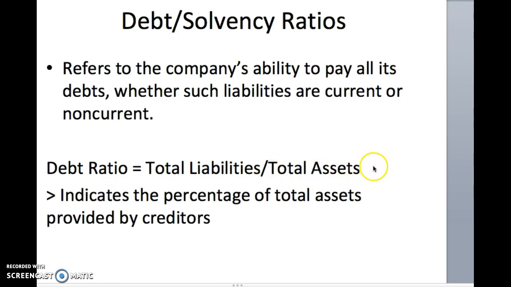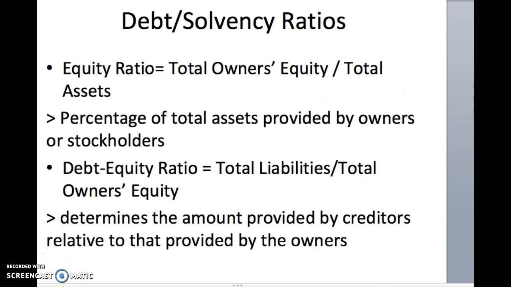Actually, you have to multiply this by 100 so that you can end with a percentage. What this is saying is how much of your total assets are funded by debt. So let's say you got 80 here, then it means that 80% of your total assets would be funded by your liabilities.